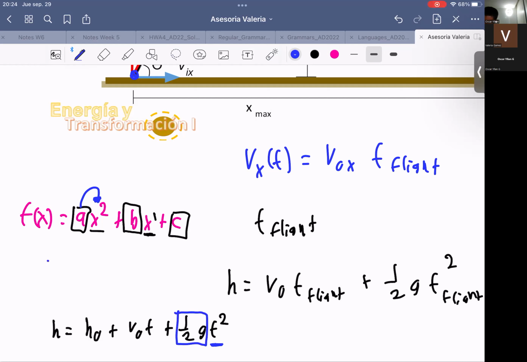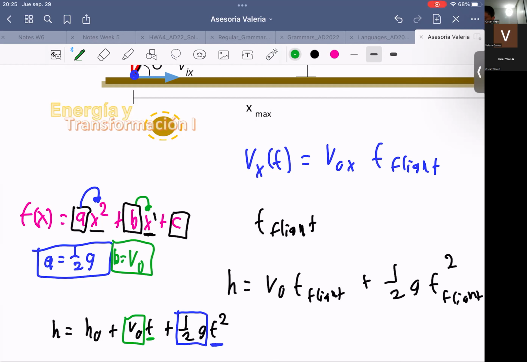One half G. Perfect, so our A is 1/2 G. B is the one that is multiplying our unknown to the 1, which here is T. What is multiplying our T? The initial velocity. Perfect, this is B.